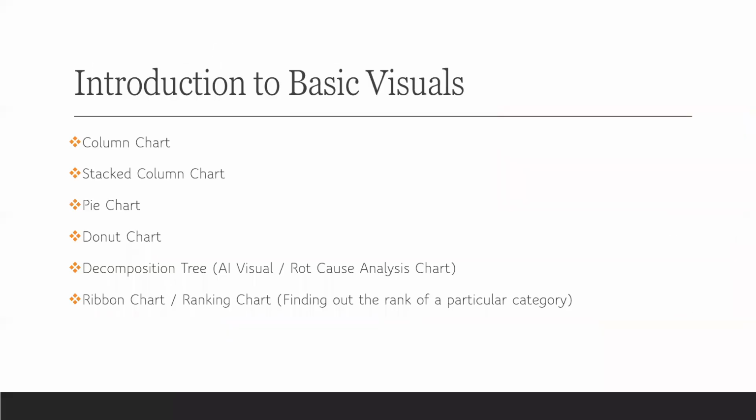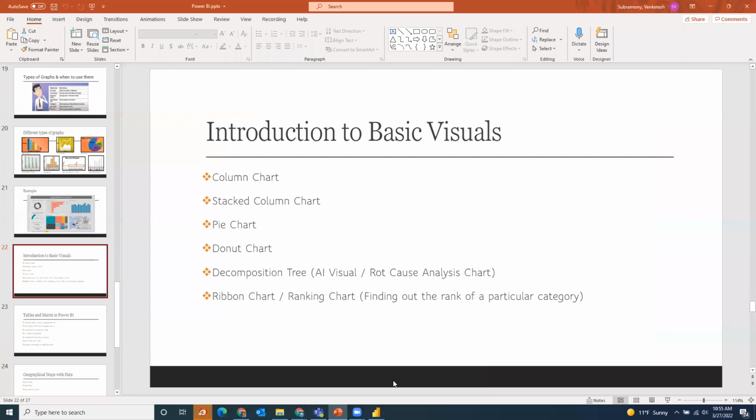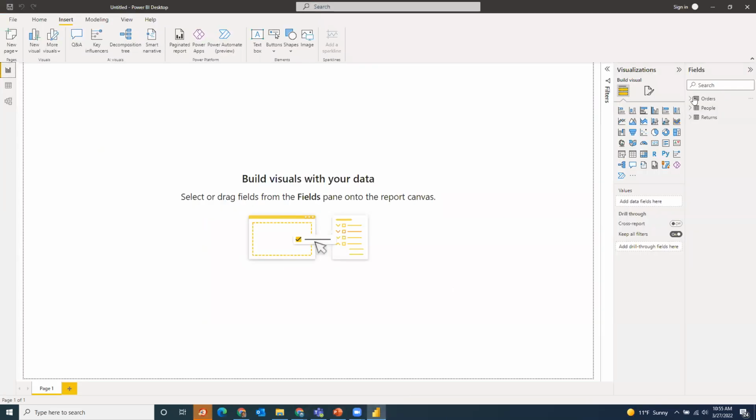Okay, so now we are going to go deep into Power BI, and we are going to look at the column chart and go through different charts, like a column chart, stack chart, pie chart, donut chart, decomposition, and ribbon chart. So let's go back to Power BI, and we already have the data here.